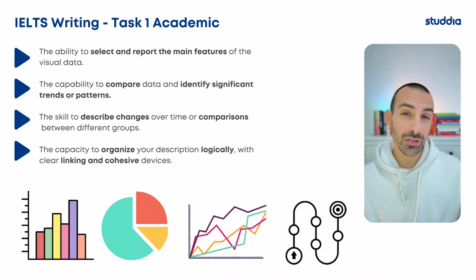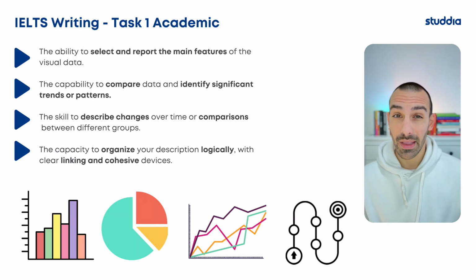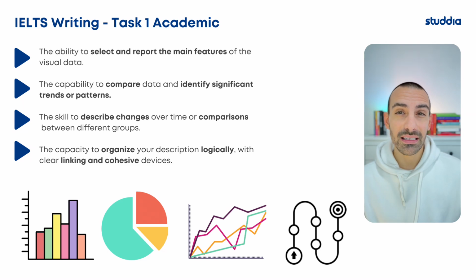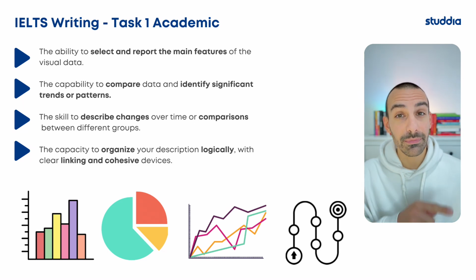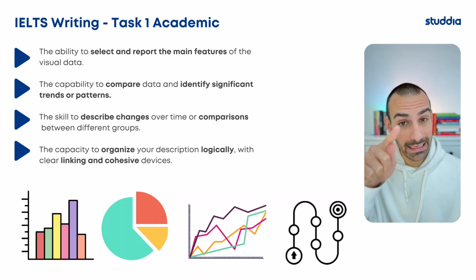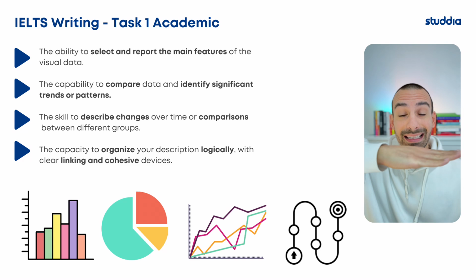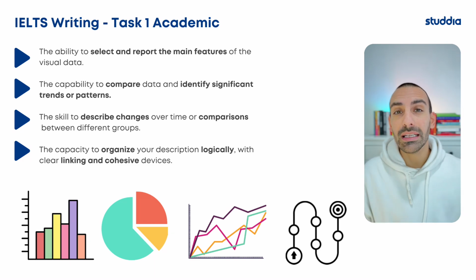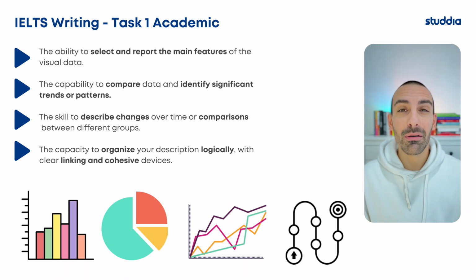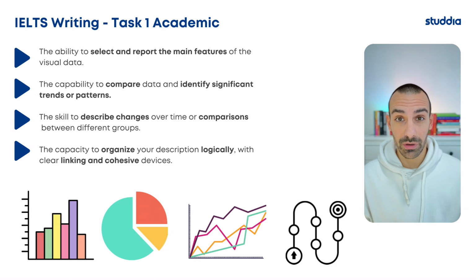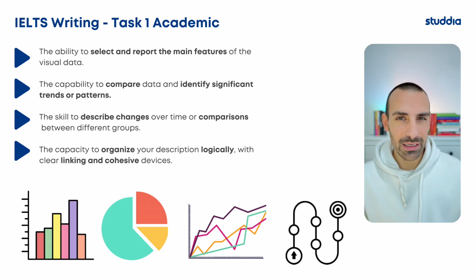If data shows changes over time, Task 1 tests your skill in describing trends, whether something increases, decreases, fluctuates, or remains stable. You need to accurately explain how things change and develop over time. And finally, Task 1 tests your ability to organize your writing logically.